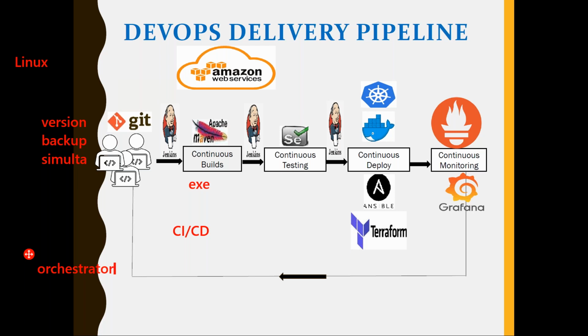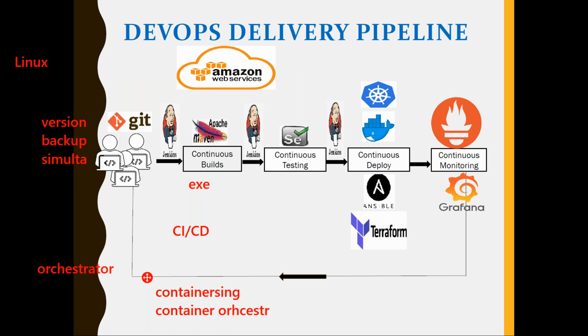So how is that possible? By using different tools like Docker, Kubernetes, Ansible, Terraform. What is Docker? It will help you containerize your application. What is meant by containerizing? That's again a different concept which we'll be learning, and we'll do complete hands-on containerizing. Once it is containerized, we need container orchestration.